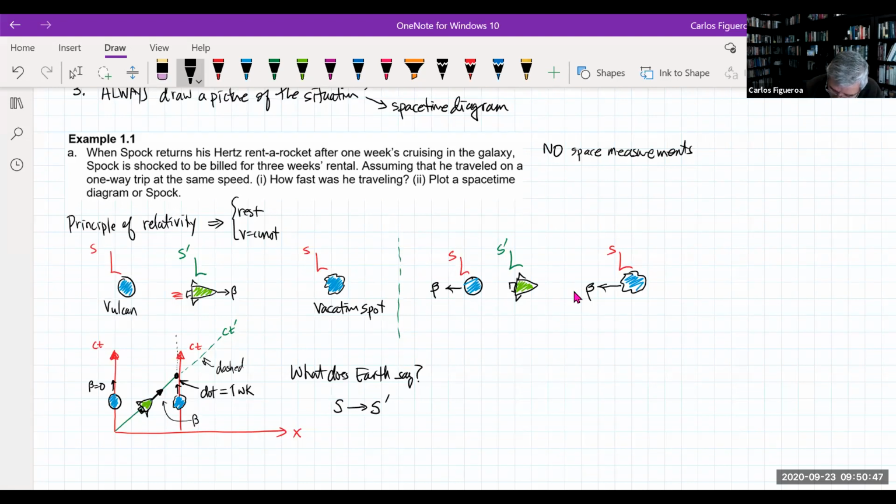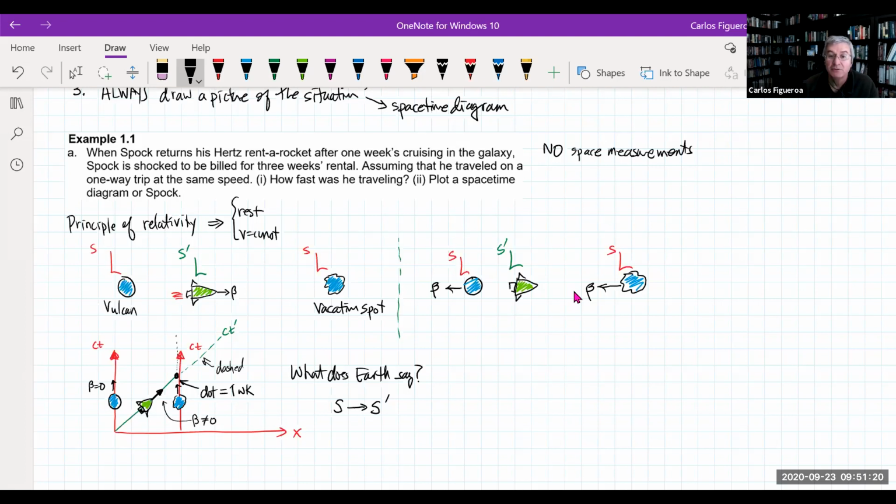That means beta going. Now note, if somebody says, what do you mean beta is going in that direction along that time axis? Remember, technically that's wrong, what I'm drawing. But I'm drawing these to give you a sense that the rocket is moving through space, but the Earth and the vacation spot are not moving through space. They're only moving through time. That's what I mean by that beta.